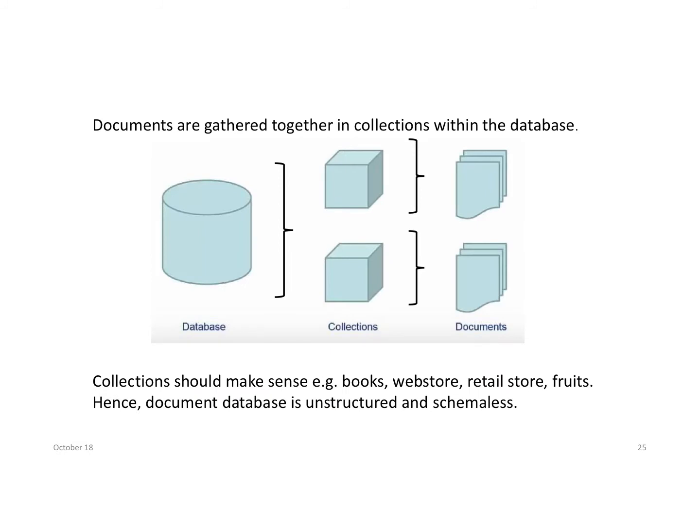Okay, so documents are gathered together in a collection within the database. Of course we won't have only one document in a database, so yes, we have a collection of documents.